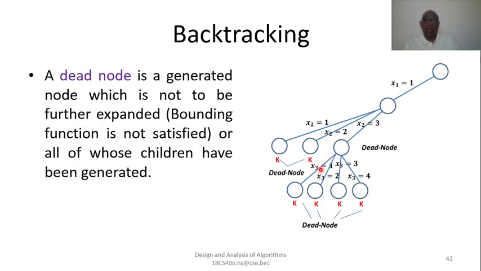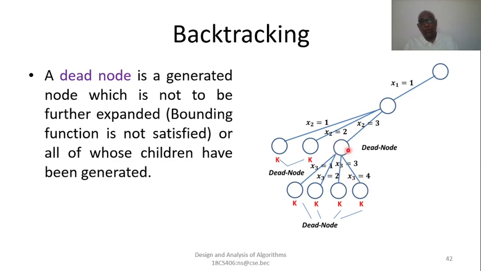A dead node is a generated node which is not to be further expanded because it does not satisfy the bounding function, or it can also be a node whose children have been completely generated. For example, these two nodes are dead nodes because they violate the bounding function. These nodes are also dead nodes because they also fail to satisfy the bounding function.